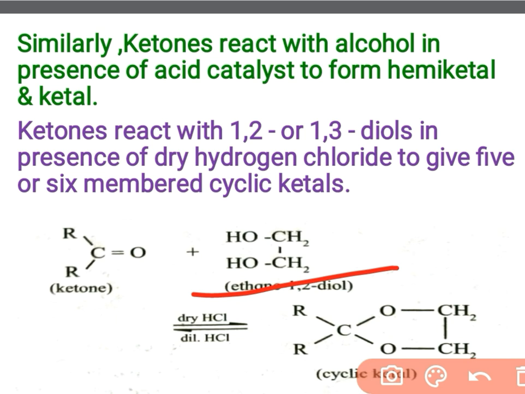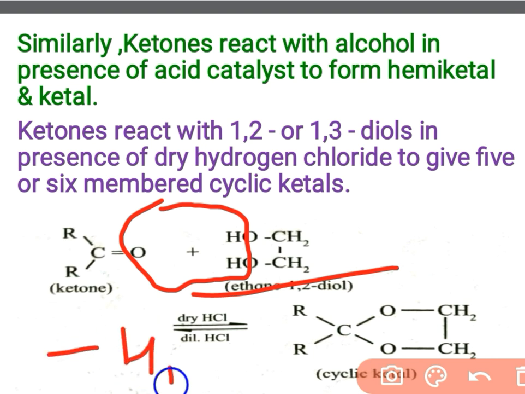So from here the oxygen atom of the ketone combines with these two hydrogen atoms of the diol and gets removed in the form of H2O, and it forms the cyclic ketal.